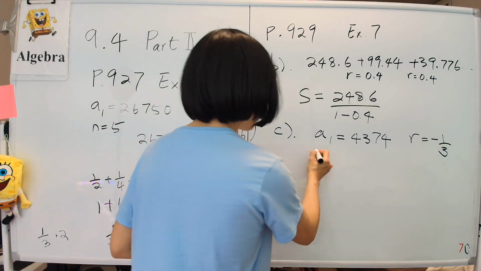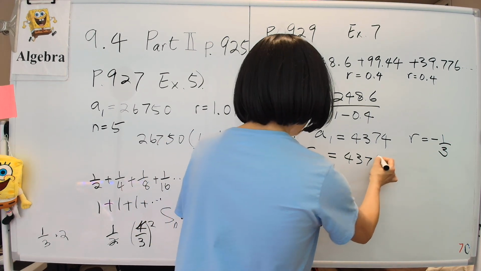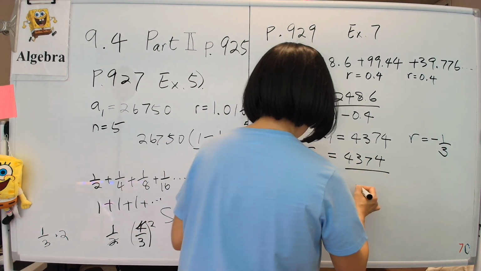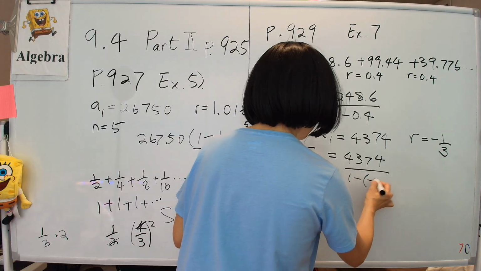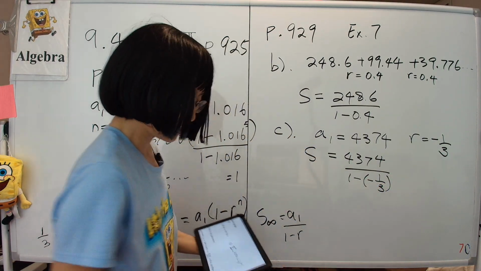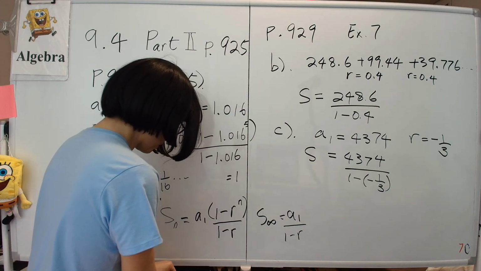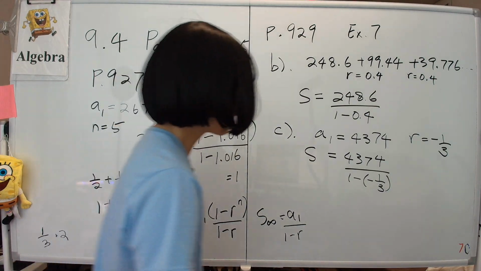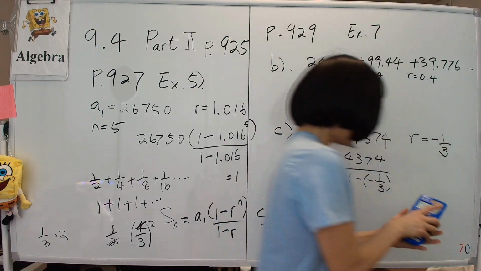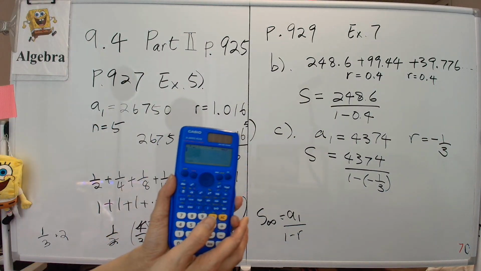Okay, so S equals 4,374 divided by 1 minus -1/3. Be sure to write the negative sign here, because if you're missing the negative sign, you're going to get a completely wrong answer. Any answer different from the right answer is automatically wrong.